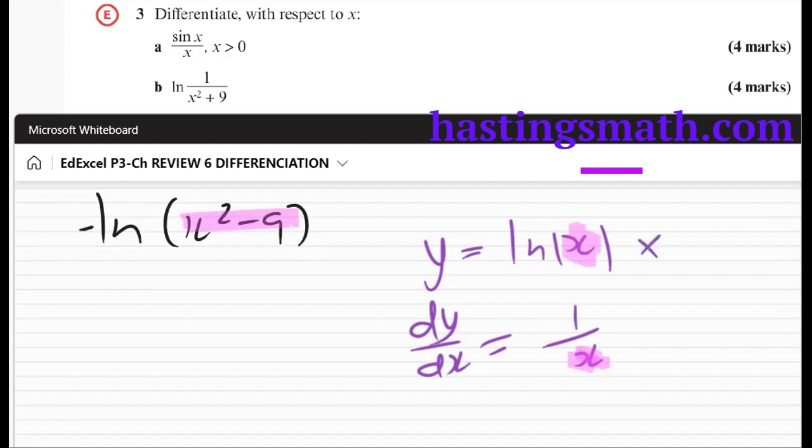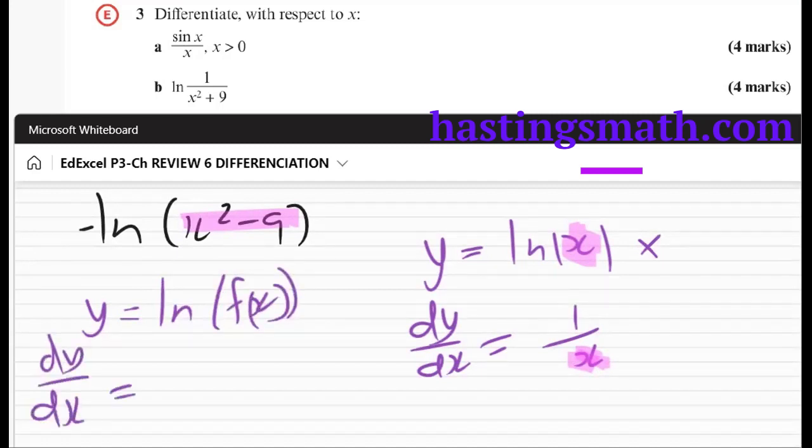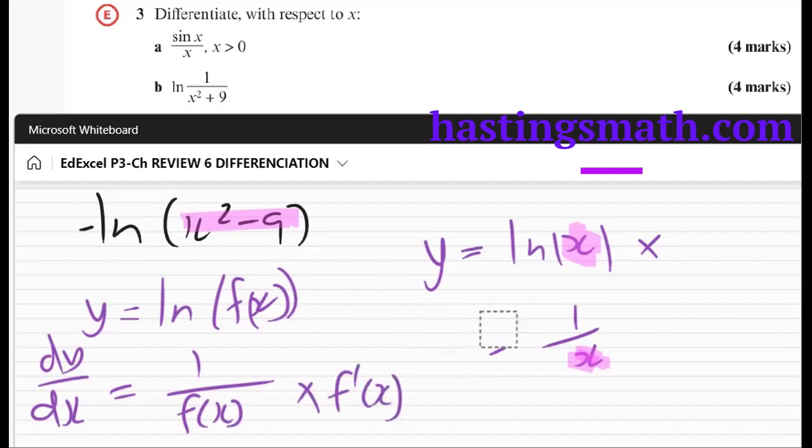You have to times it by the first derivative of that function. If I write y equals ln f of x, then our dy dx would be 1 over the whole function times the first derivative of that function.